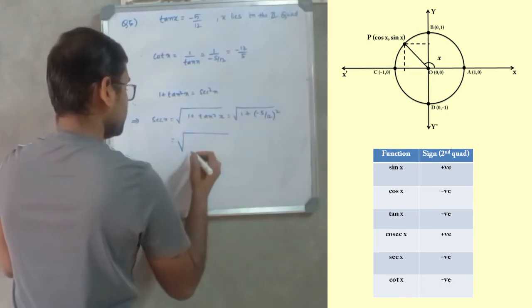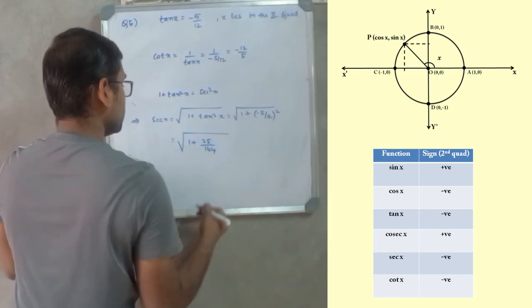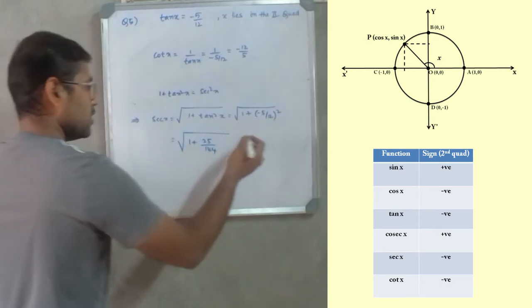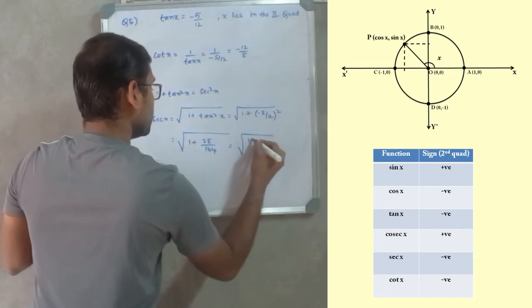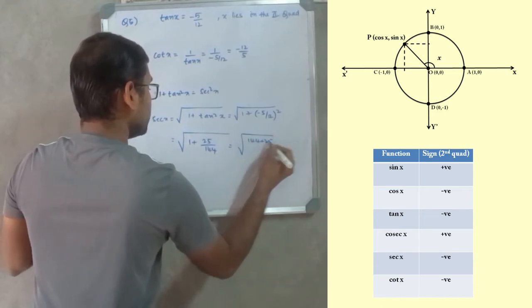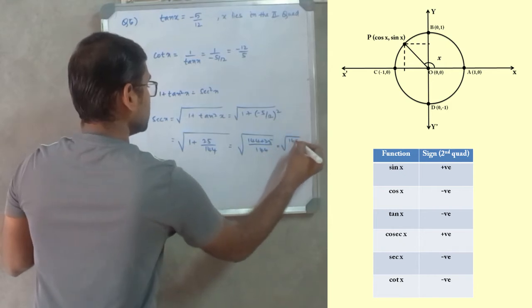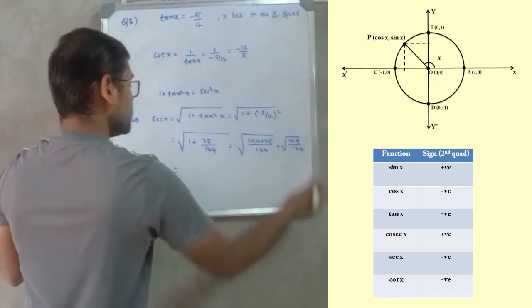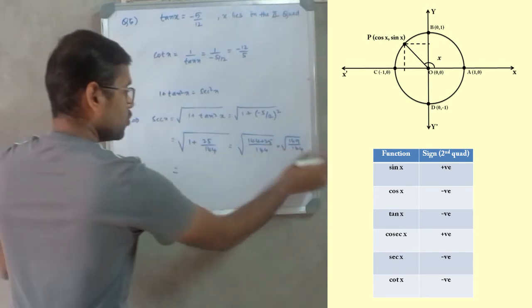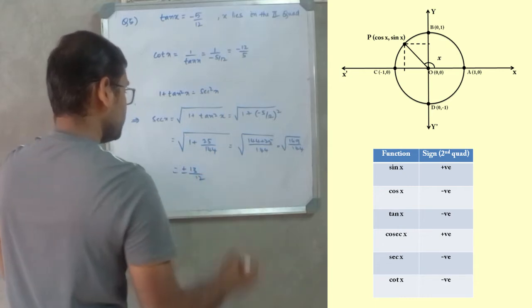This is under root 1 plus 25 divided by 144. 25 is the square of 5 and 144 is the square of 12. This will be 144 plus 25 divided by 144. It will be equal to 169 divided by 144. And square root of 169 is 13 and square root of 144 is 12. This will be plus or minus 13 by 12.